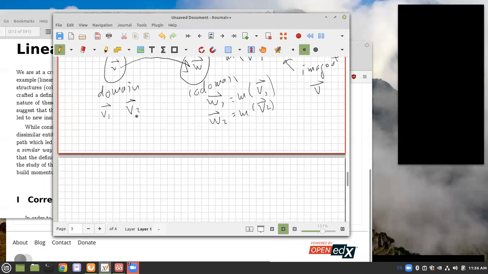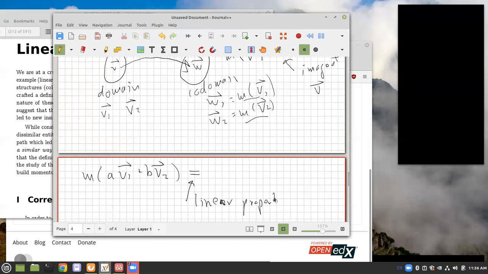So given any two vectors in the domain, you can form the linear combination of those two, and then ask, how does the map act on a linear combination? In other words, can we express it in terms of these two things, or does it produce something different? Well, the linear property says that linear combinations go to linear combinations.